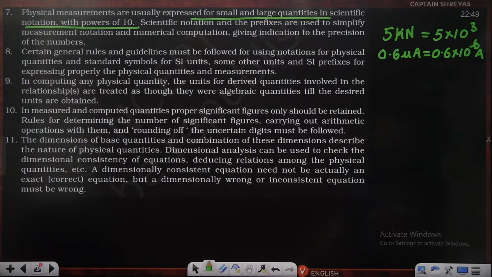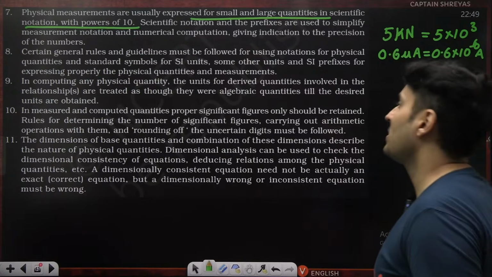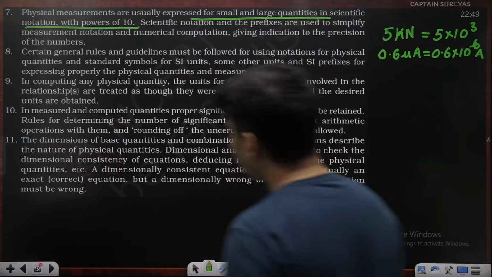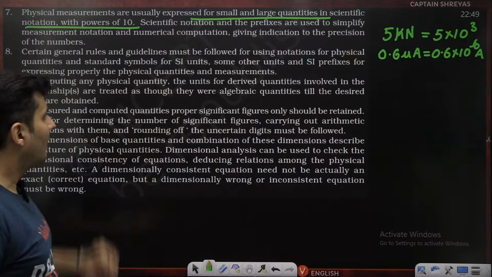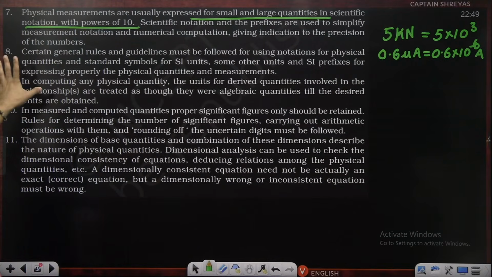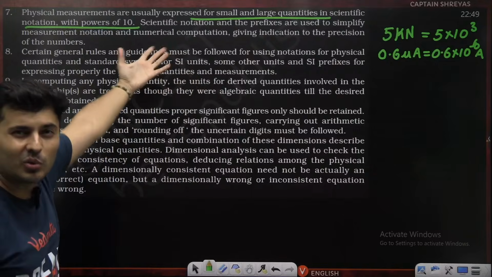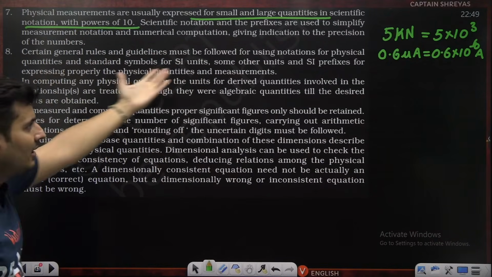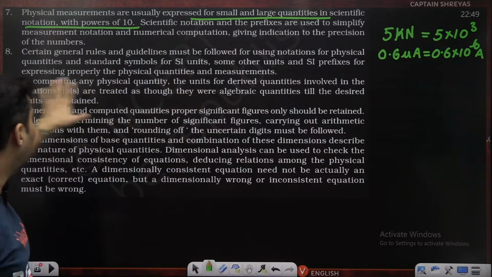In computing any physical quantities, the units for derived quantities involved in relationships are treated as though they were algebraic quantities till the desired units are obtained. So basically, certain rules which we use for the units are standard, like kilo, micro, milli, all these things.